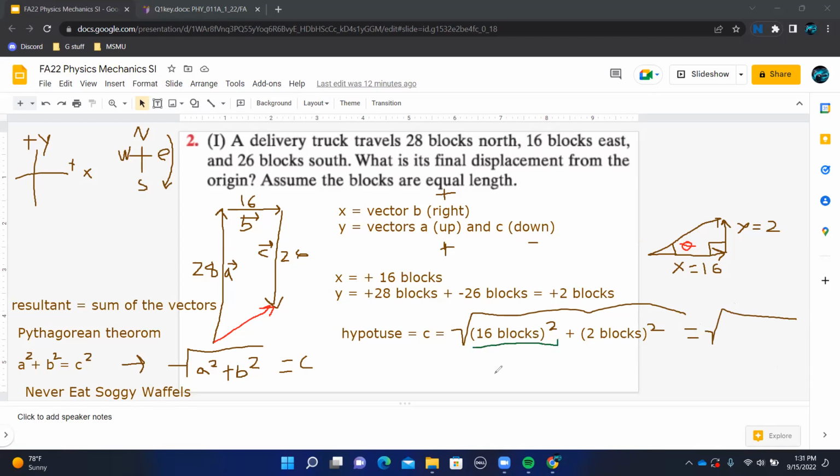I'm just gonna leave out the blocks because it's kind of long to write. 16 squared is 256 blocks, and then this is equal to 4 blocks. Adding those together should be 260.